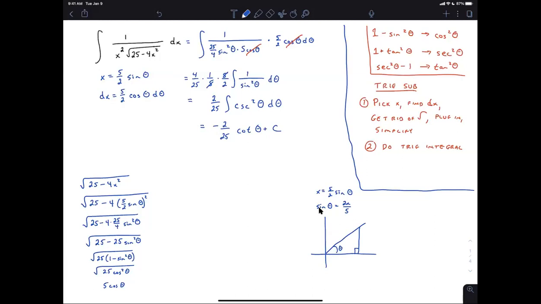So we know that sine is y over r, or opposite over hypotenuse. And because of that, we're going to label the y side, or the opposite side, as 2x. And then we're going to label the r side, or the hypotenuse side, as 5. Is everybody clear from the trig how to do that?